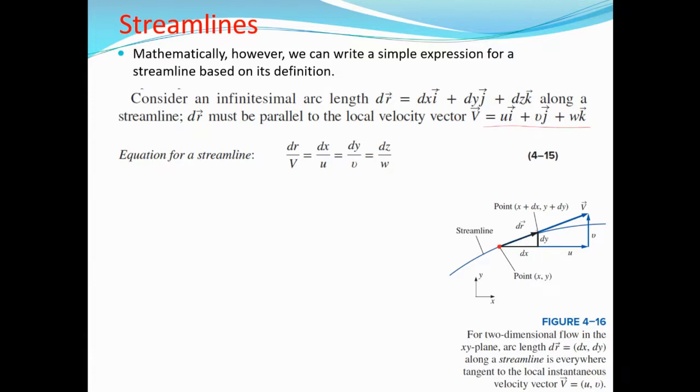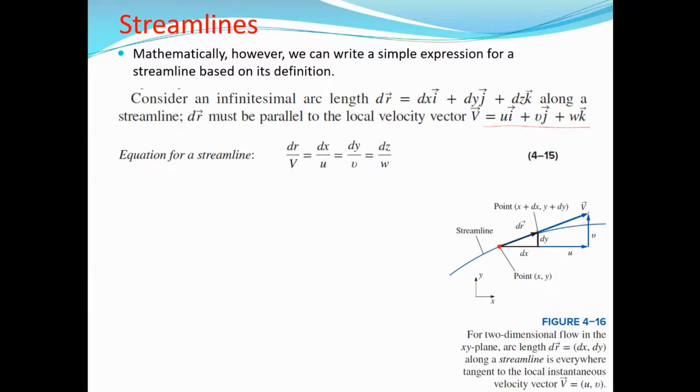And the equation for streamline, if you look at this, is point x, y. So this is dx, dy, after some time it has moved to this point, and this is the local velocity vector. Because it is parallel, it has to be along the local velocity vector.